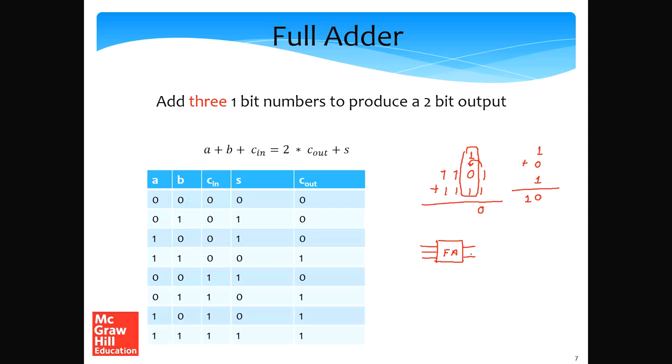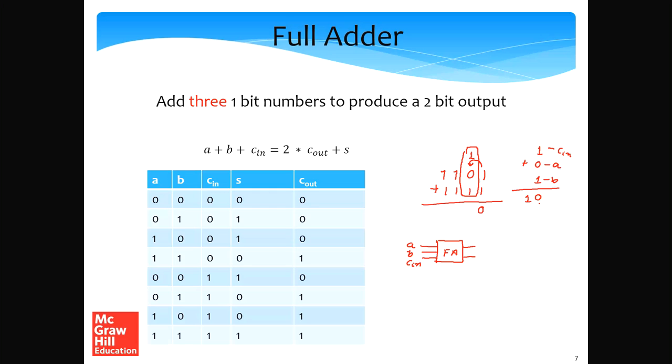The 3 input bits can be called A, B, and carry in. The first number here can be called A, this number can be called B, and there is a carry coming from the right, which can be called the carry in.